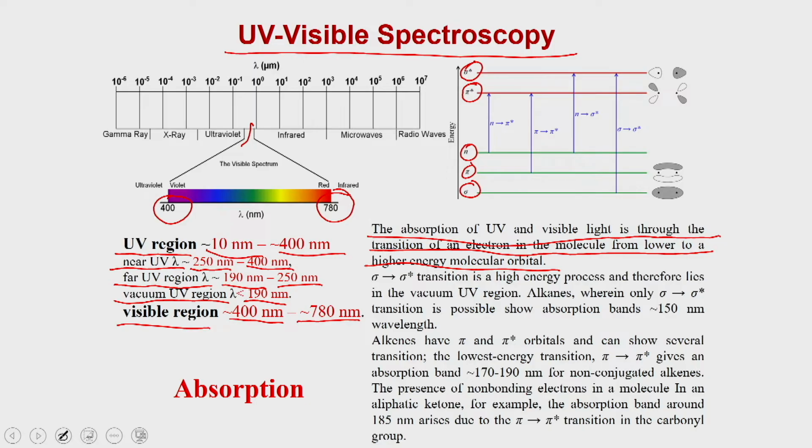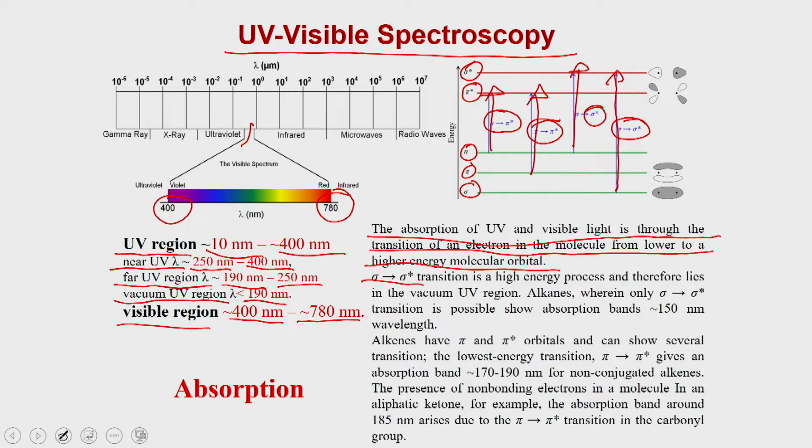If the electron goes from n to pi star, it will have a certain amount of energy. If it goes from pi to pi star, it is going to have a different set of energy, and if it goes from n to sigma star, then it is going to have another energy, or if it goes from sigma to sigma star, then it is going to have a different type of energy.